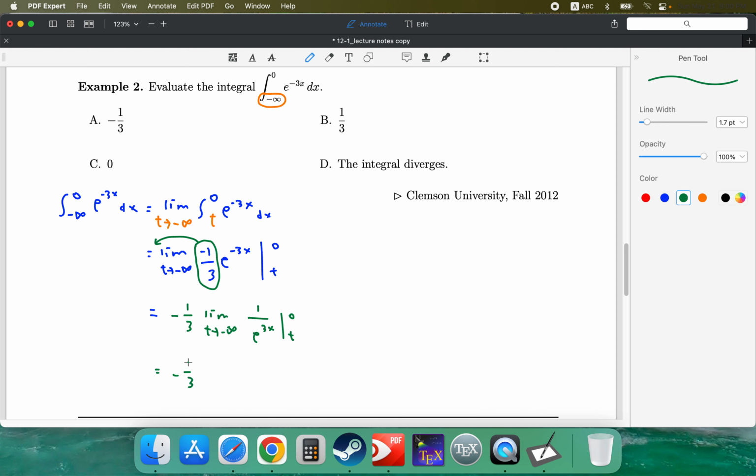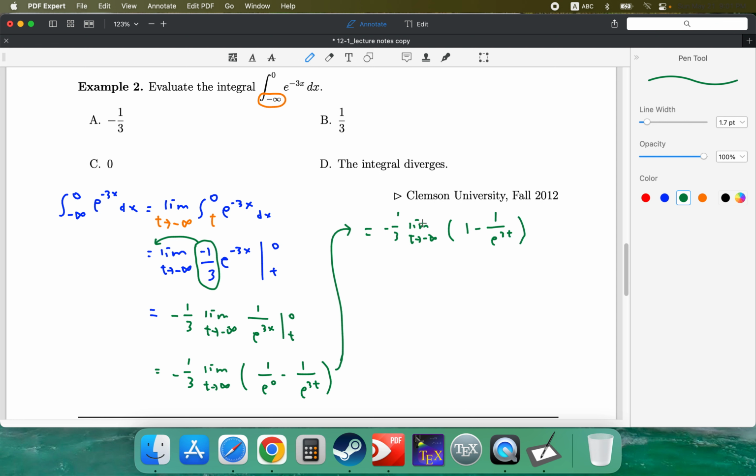And now you can plug in the upper bound, so that's e to the 0, and plug in the lower bound, e to the 3t. Okay, and we know that e to the 0 is 1, right? So we have 1 minus 1 over e to the 3t.